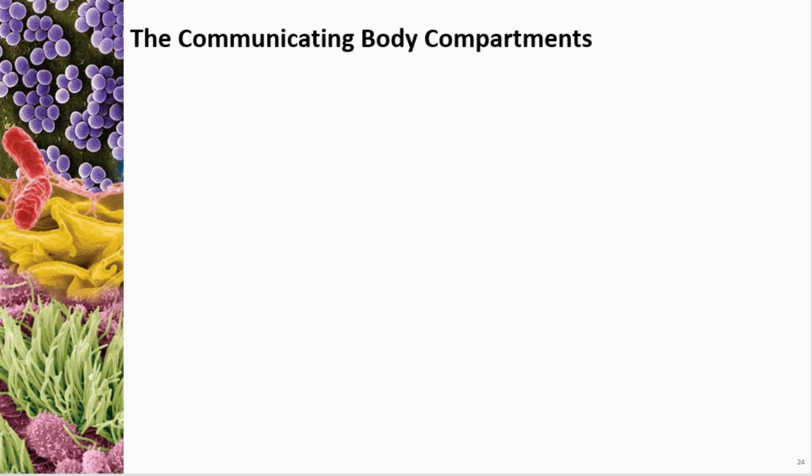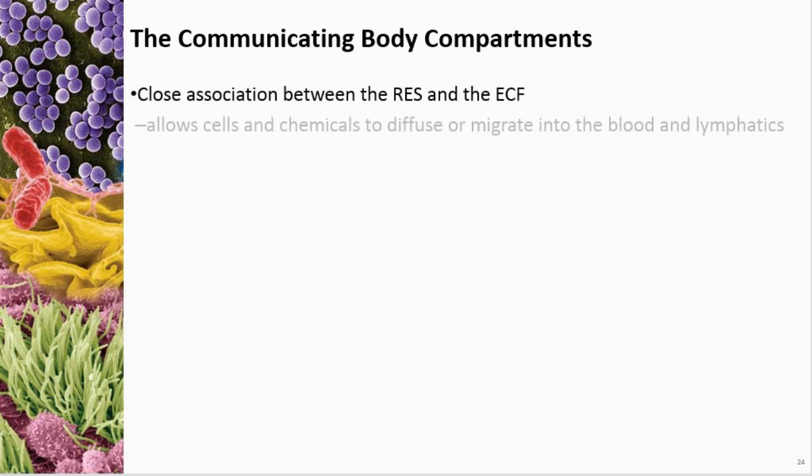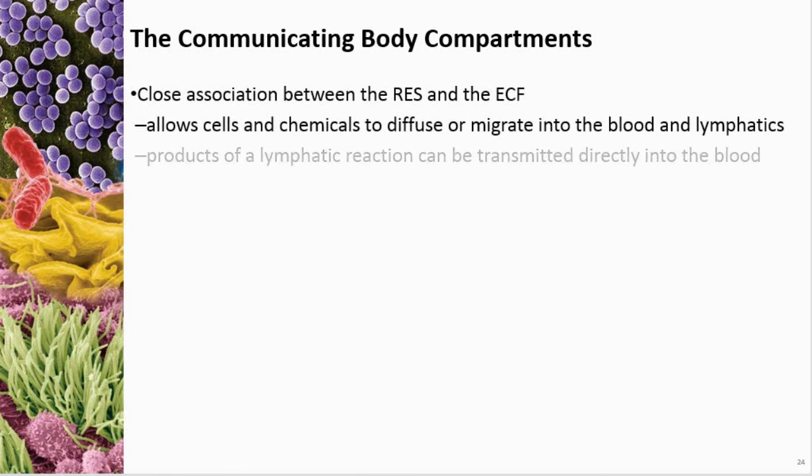So some of these body compartments actually have communication between each other, and that's because we need things to be able to move in and out of them. So cells and chemicals are able to go back and forth from the blood and the lymphatics because different things occur in different areas, right? And once we produce what we need to produce in, say, a lymph node or the spleen or something like that, we need to be able to get it back into the blood so that it can do its job, which is fighting off infection.